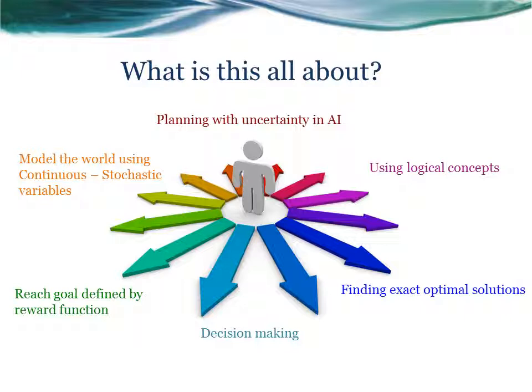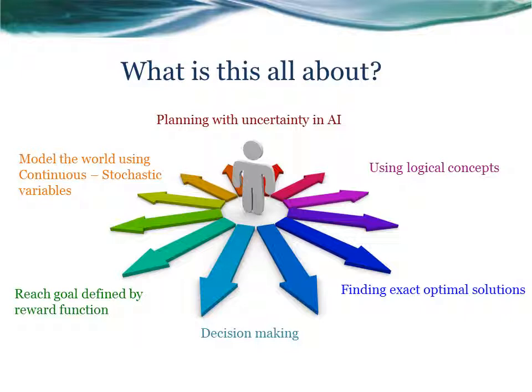So this is a decision-making problem where the agent has many decisions, has many choices, and has to come up with the best solution. And we guarantee that our approach is exact and optimal. Note that in the literature, problems have been solved in the continuous domain approximately, or they have been discretized.